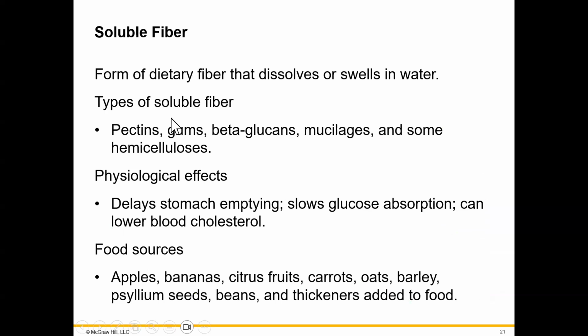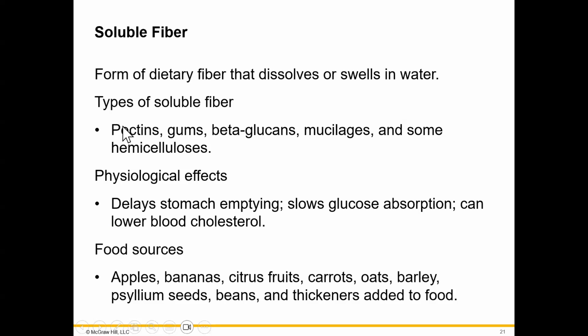Soluble fiber is just that. It is soluble in water. So it delays stomach emptying, it slows glucose absorption, and it can lower blood cholesterol to some extent because of its solubility. It can raise satiety, delay stomach emptying, and does show a little benefit in lowering glucose absorption.